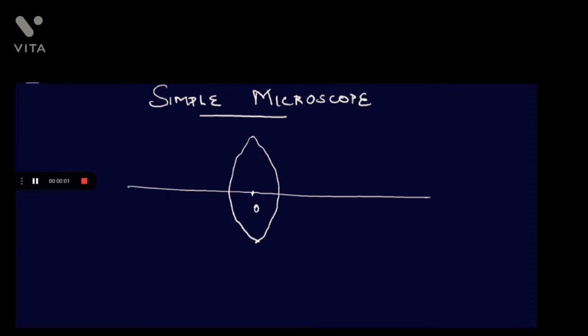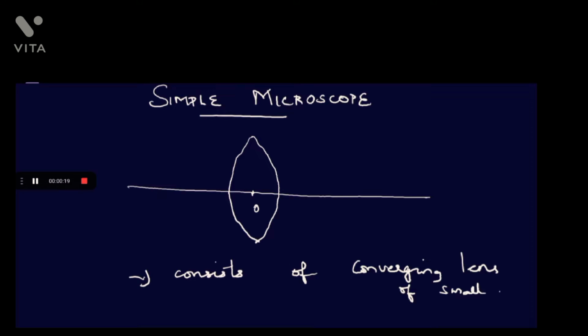So the next topic is about the simple microscope. The simple microscope consists of a converging lens, that is your convex lens, of small focal length, right? It is just a resemblance of your magnifying glass, right? So how a tiny object is zoomed, that is your simple microscope.